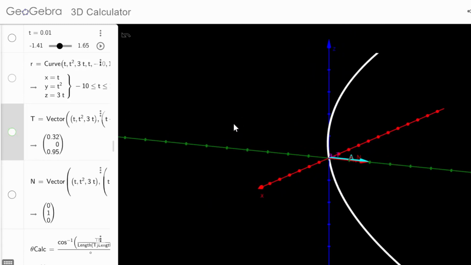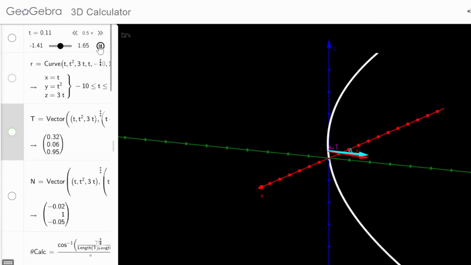And then as t continues to increase, little t that is. So by the way, a sub t completely disappeared, if I didn't make that clear, when little t was equal to 0. But as t increases, little t, a sub t reappears, and in fact it's pointing in the direction of motion, which means the object is accelerating.